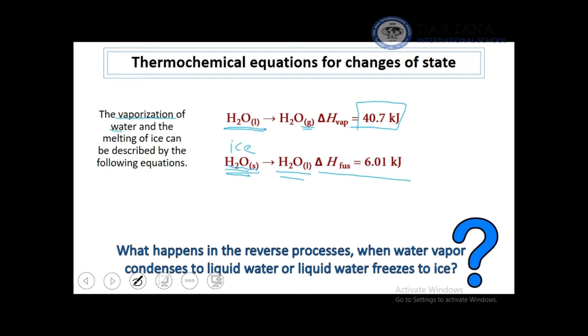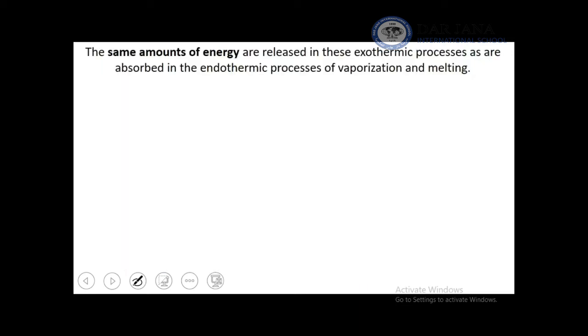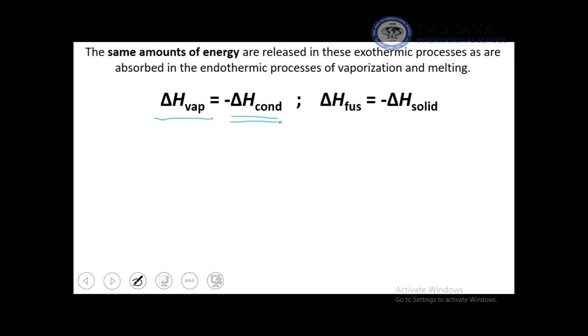Now, what happens in the reverse processes, when the water vapor condenses or when the liquid water freezes? Actually, the same amount of energy is involved, but we write a negative sign next to them because they are exothermic processes. So the molar heat of vaporization is equal to the molar heat of condensation, but they have opposite signs.